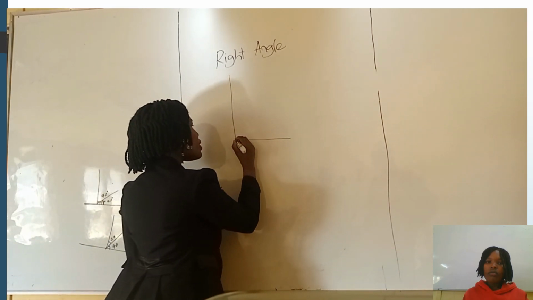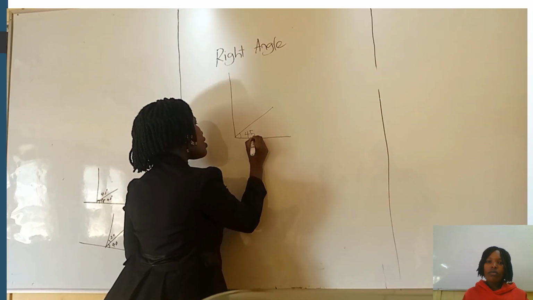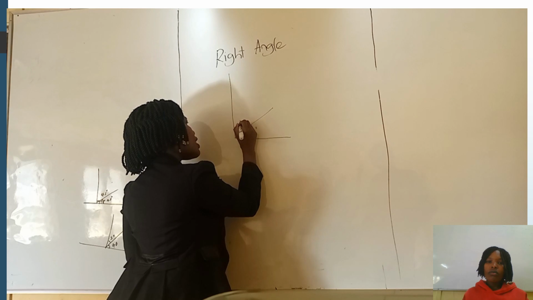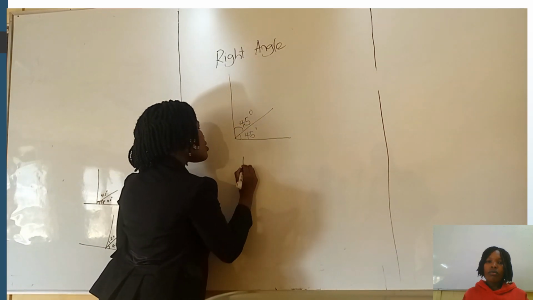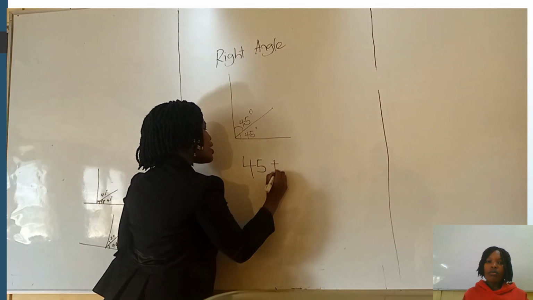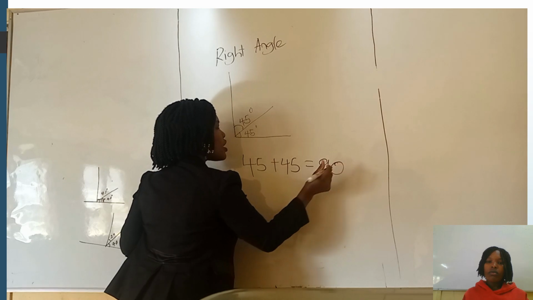Let's say, for example, this lower line has an angle of 45 degrees, and this upper one also has an angle of 45 degrees. Adding these two angles, 45 degrees plus another 45 degrees, gives us 90 degrees, which is a right angle.